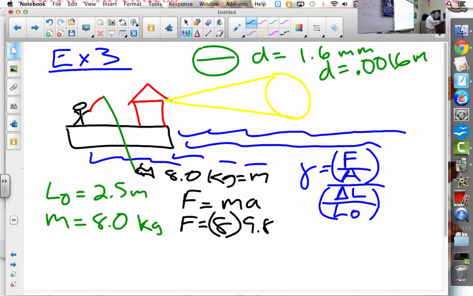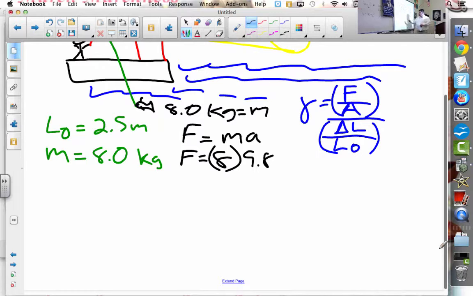I'm going to do something a little different for this problem that I didn't do on the last problem. I'm going to take this formula. We're really just interested in this. So let's solve for delta L first, then plug the numbers in second. Can we do that? So delta L then, I want to get rid of delta L. So one way to do that is to multiply both sides by delta L over L naught, right?